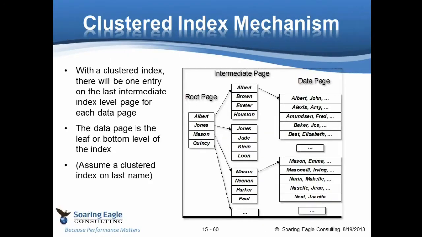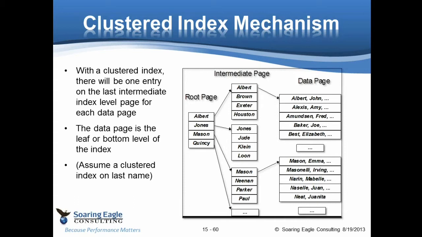Let's come back to this clustered index. What if I have 50 Bakers to bring back? I have the 3 pages to get down to the data page. On a good day, I may have all 50 Bakers on the same page. I have an 8K page. If my rows are 100 bytes wide, I've got 80 rows per page.